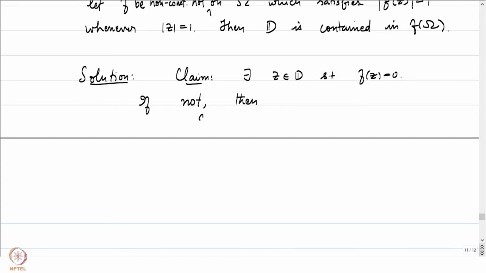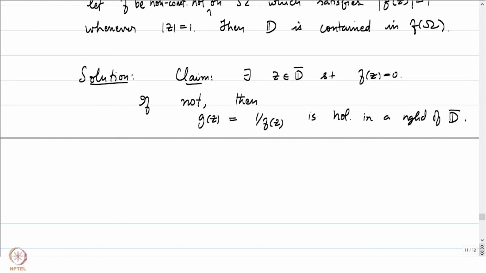then g of z equal to 1 by f of z is holomorphic on D, in fact on D bar. So, let me say there exists this on D bar. We know what f is on the unit circle. So, we know that f does not vanish there, but we can now say that it is holomorphic in a neighborhood of D bar.